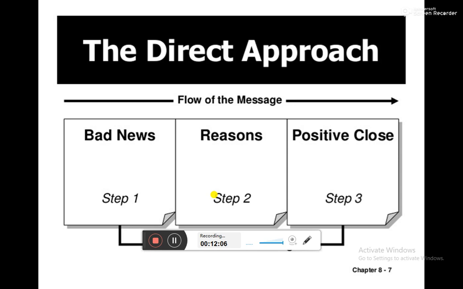However, you will encounter some situations in which explaining negative news is neither appropriate nor helpful, such as when the reasons are confidential, extensively complicated, or irrelevant to the reader. So should you apologize when delivering bad news?